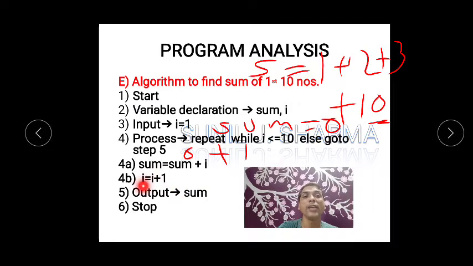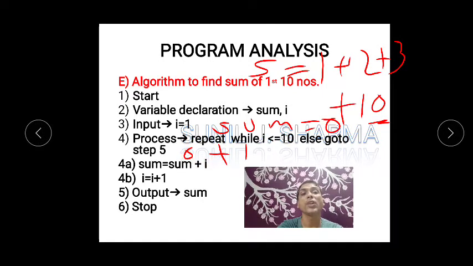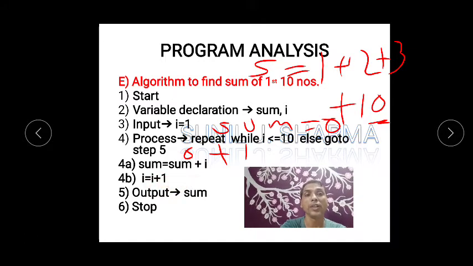So I will have a new value, 2. Then what is written here is to repeat these two steps, 4a and 4b, till this condition becomes false. Still it is true, so we have to do this. Now this time sum is 1, so 1 plus 2 will be 3, and here 2 plus 1 is also 3. So this will be repeated 10 times, and the final output will be stored here.